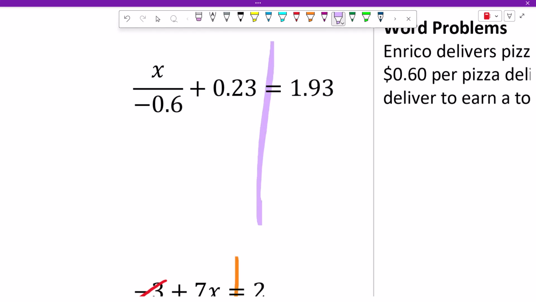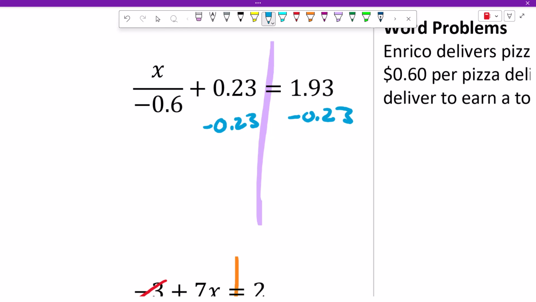Split at the equal sign. 0.23. And how do you do it? Minus. It's adding, so you subtract it once per side.